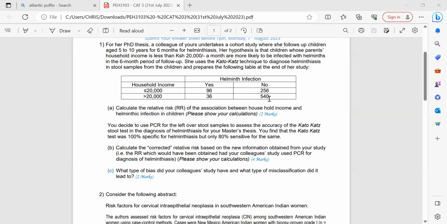So I think this one will remain the same the way it is, but this one we will have to apply the 80% sensitivity. So I don't know, because PCR is 100%, if I'm not wrong, in terms of both specificity and sensitivity. It's able to pick the DNA of the microorganism.